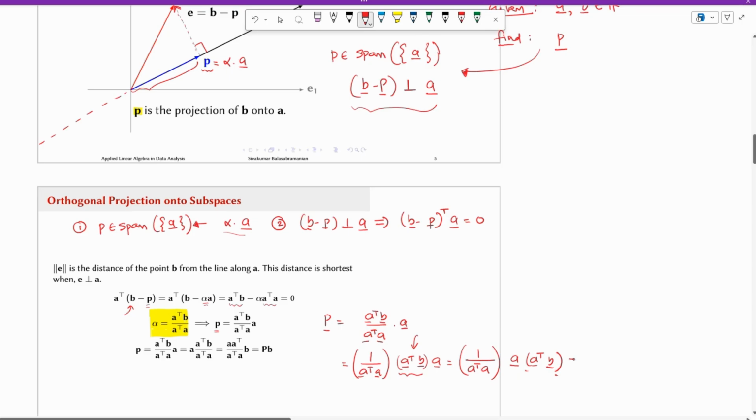So I'm going to do A transpose first, and then I'm going to multiply that with B. If you notice, this whole thing will produce a vector. This also produces a vector. Here, it was a scalar multiplied by a vector. Here, it was a vector multiplied by a scalar. But this will also produce a vector. But what is this?